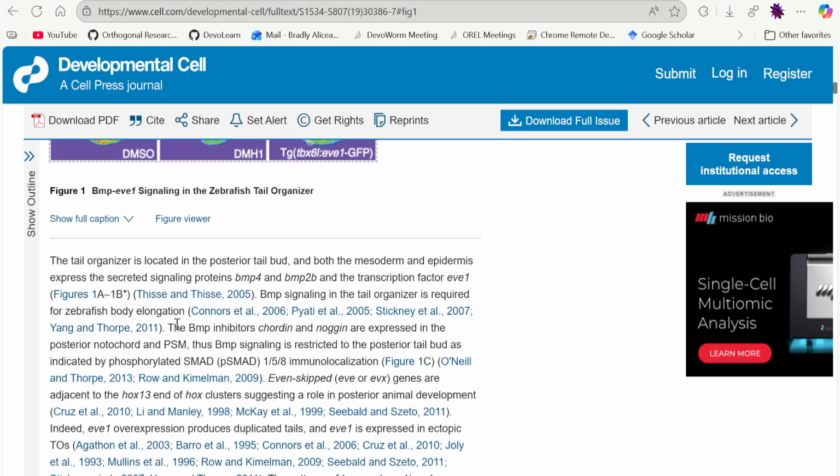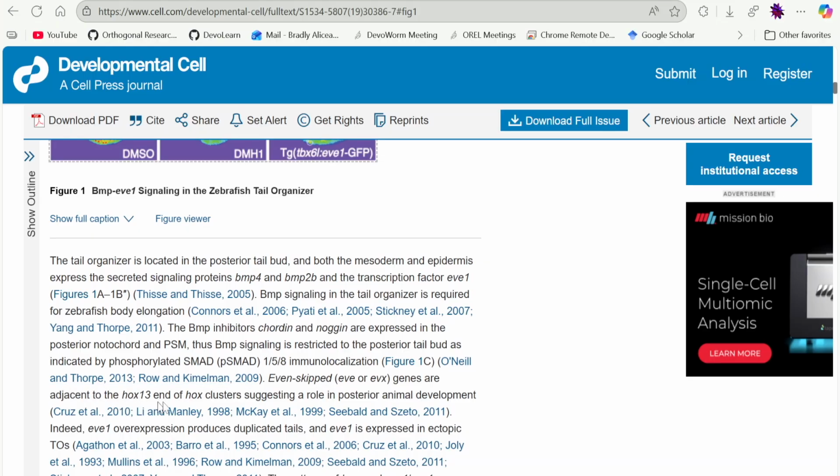So you have these BMP inhibitors, chordin and noggin, which are expressed in the posterior notochord and PSM. Thus, BMP signaling is restricted to the posterior tail bud, as indicated by phosphorylated SMAD. And they show the immunolocalization. They show even-skipped genes, or EVE. This is the transcription factor EVE. It's one of these even-skipped genes that you see in Drosophila as well.